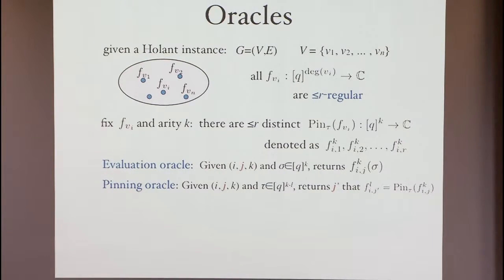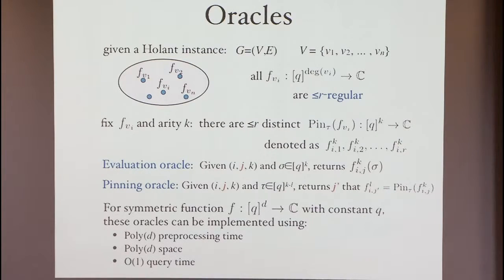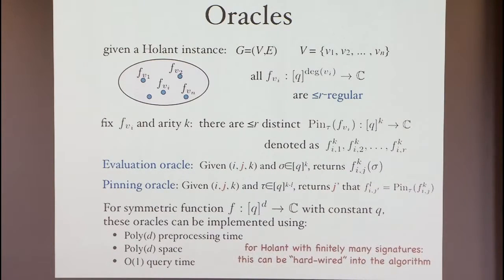Those functionalities are called oracles, and they can be realized by efficient data structures for all symmetric functions. But for Holant with specific signatures, all these things are implicit.